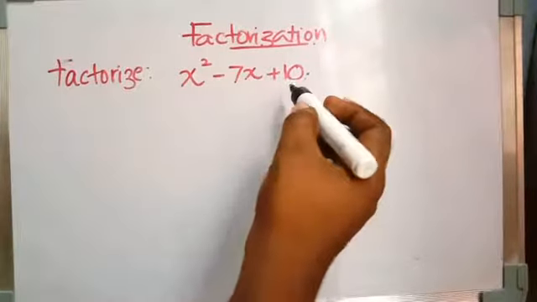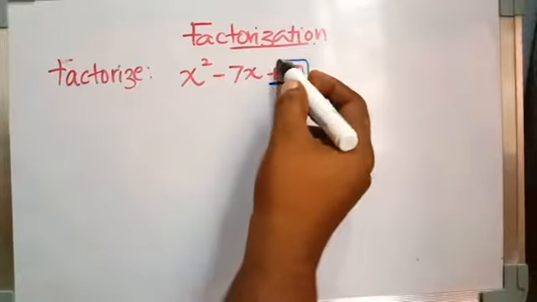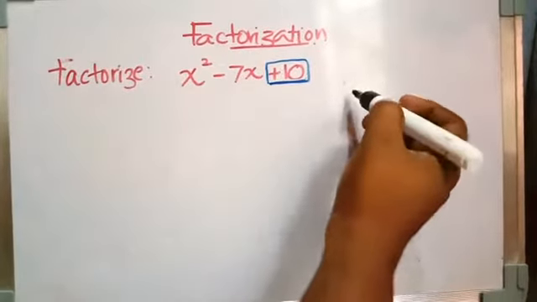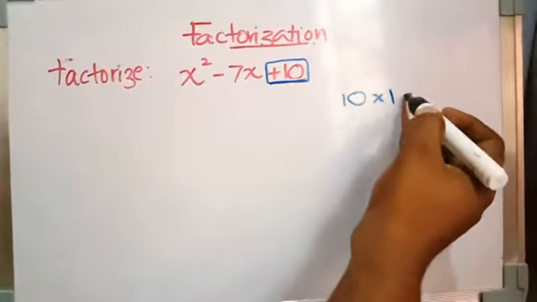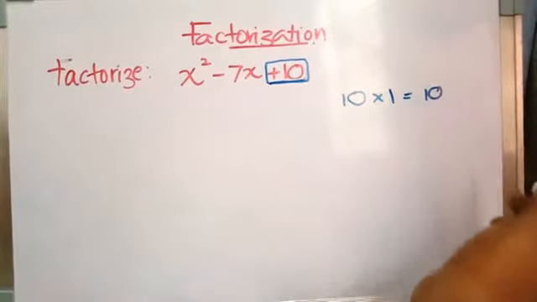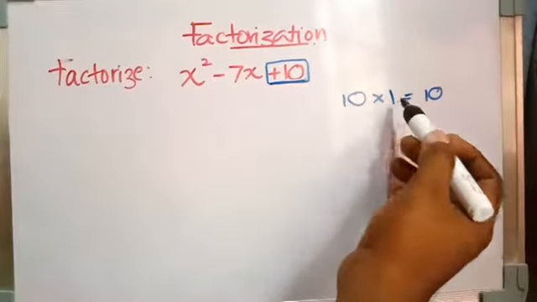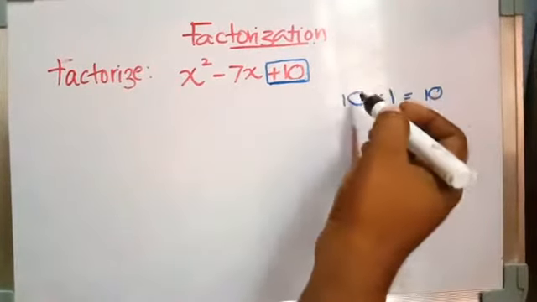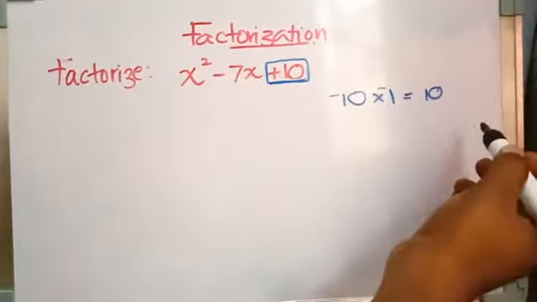So let's take plus 10. We want plus 10. If we want plus 10, we can take 10 into 1 is 10. But 10 plus 1 is 11, not 7. So it can be 10 into 1 or minus 10 into minus 1.